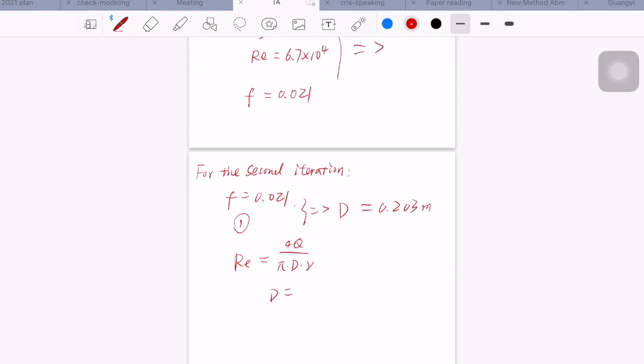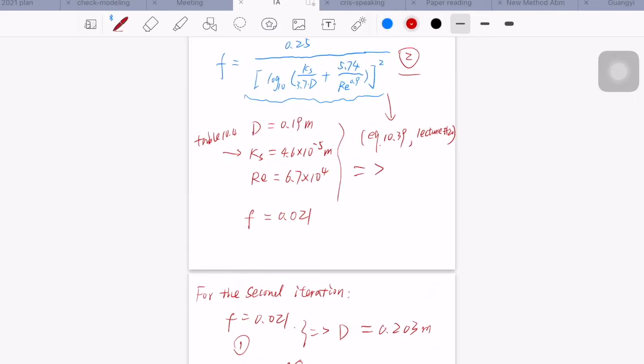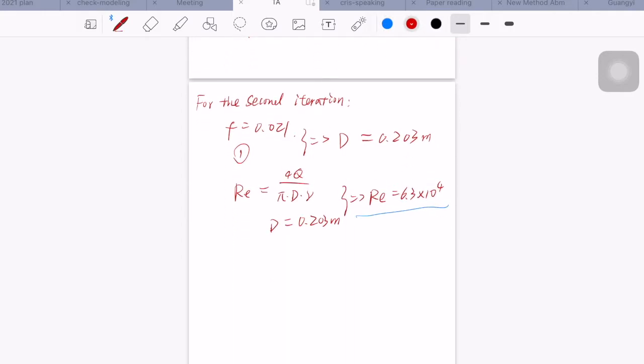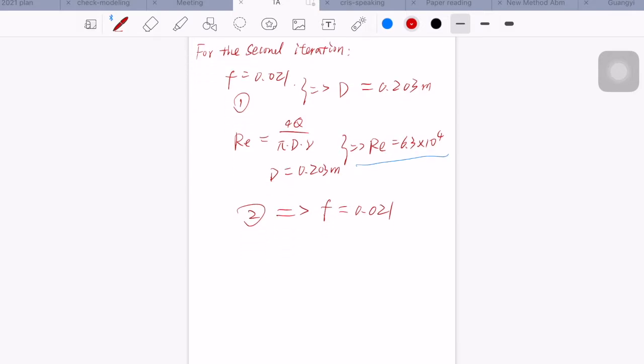Since D is 0.203 meters, the Reynolds number is 6.3 times 10 to the power of 4. Based on equation 2, we can find that the new F is also 0.021. So the friction factor does not change.